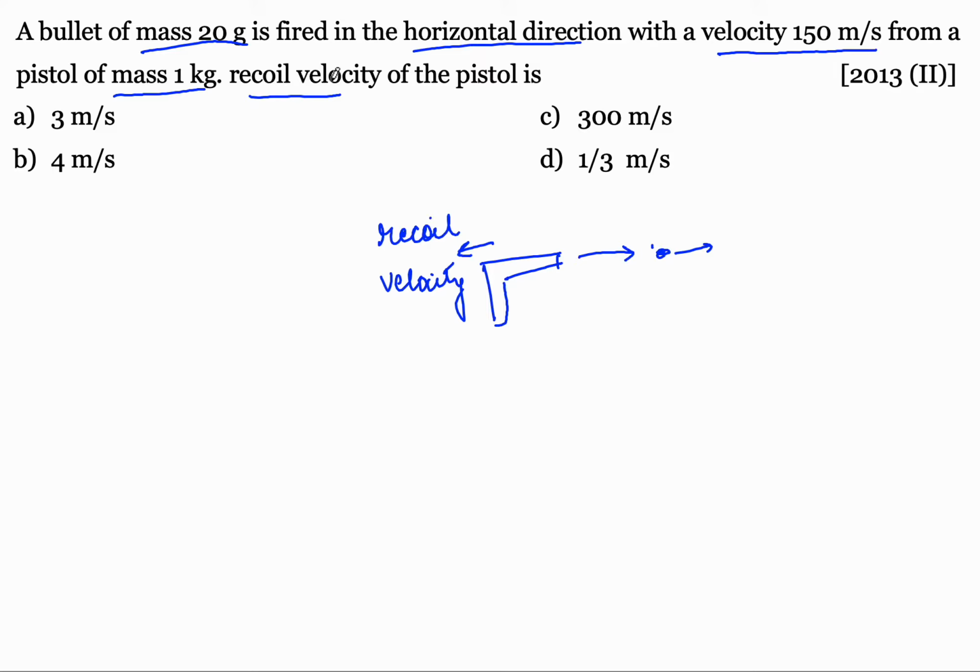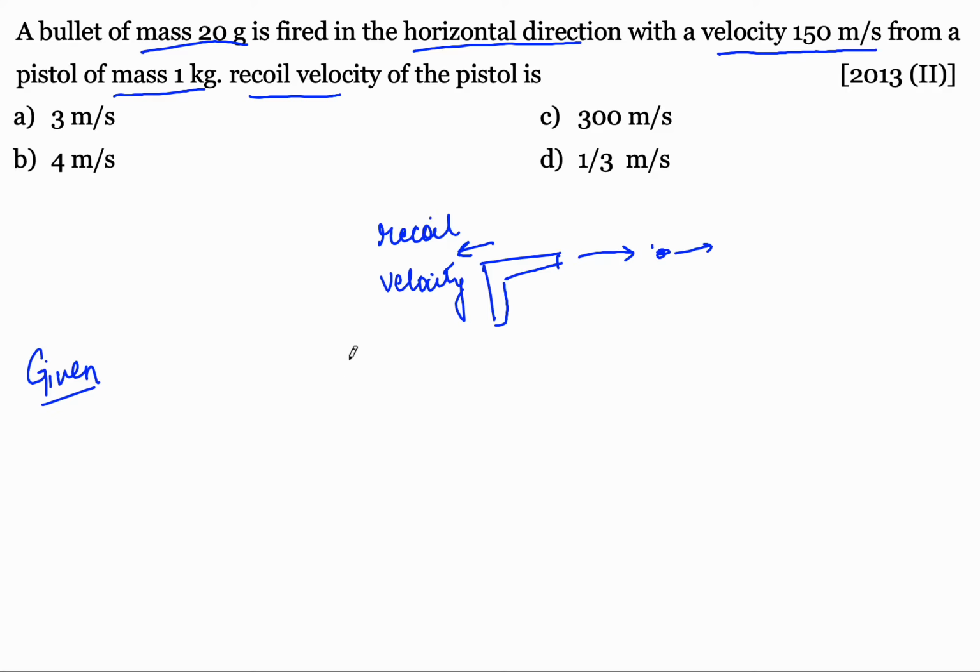Now in the question, let's write down first of all what is given to us. What I'm going to do, and which I will suggest you to follow, is make two columns whenever you are getting this type of problem based on the momentum conservation theorem.